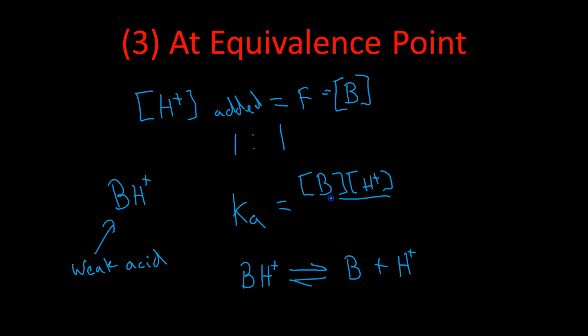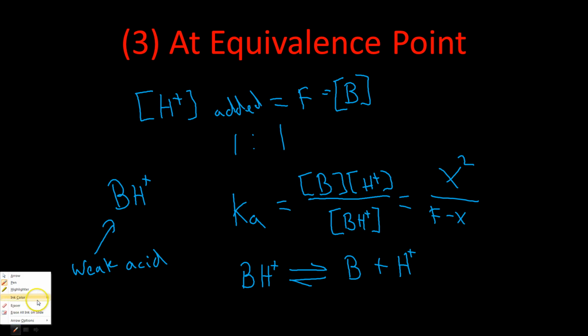plus over BH plus. Okay, and just like we saw before with the base, this can be simplified into saying x squared over f minus x. In this case, our x equals H plus.